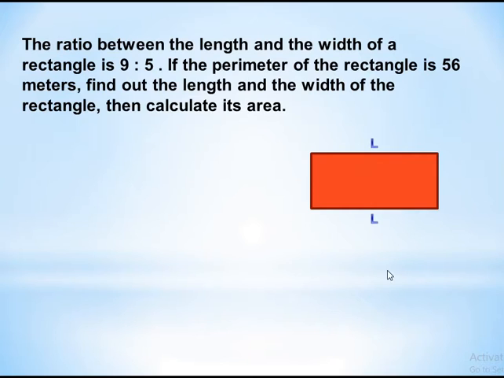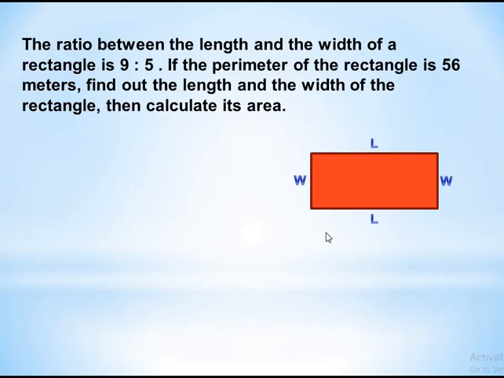In a rectangle we have two lengths, not one, and two widths. The perimeter of a rectangle equals length plus width, times 2. It means 2 lengths plus 2 widths, right? So in the ratio we have length to width.